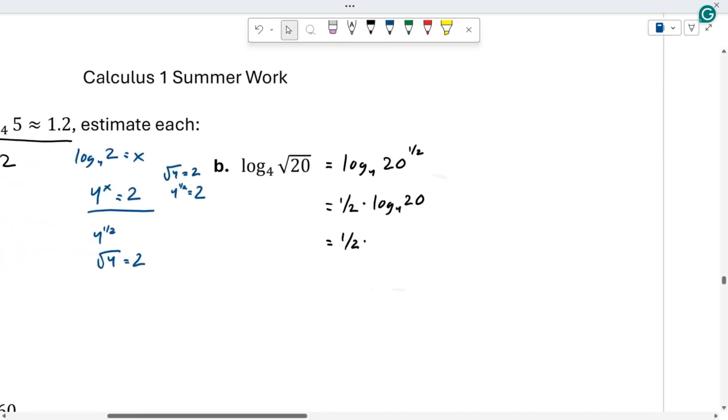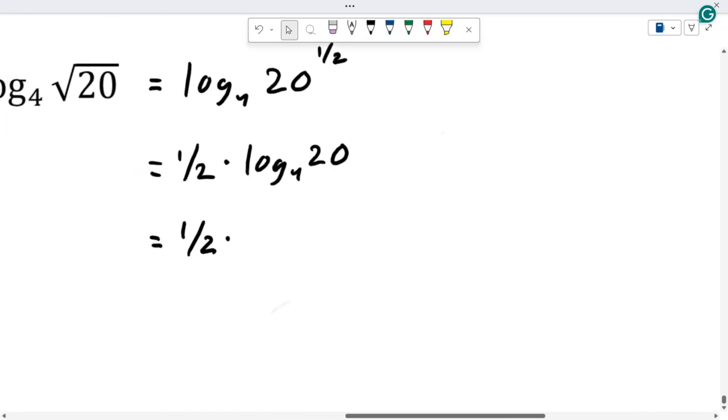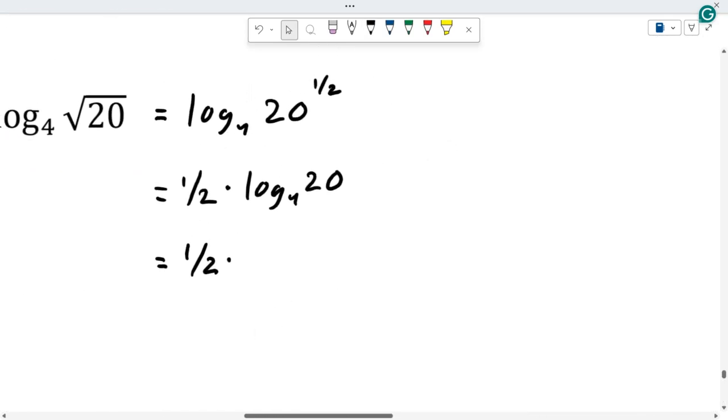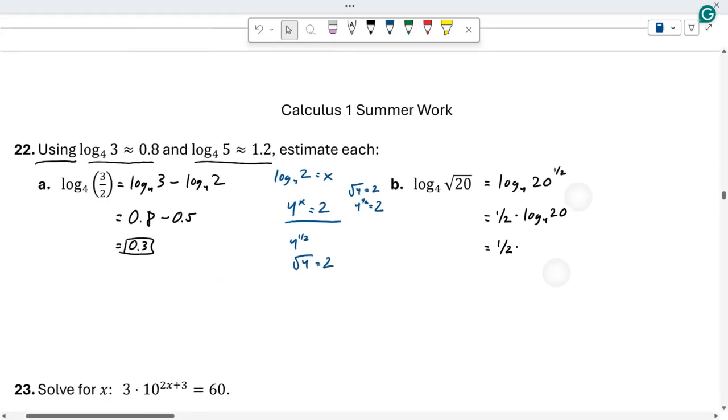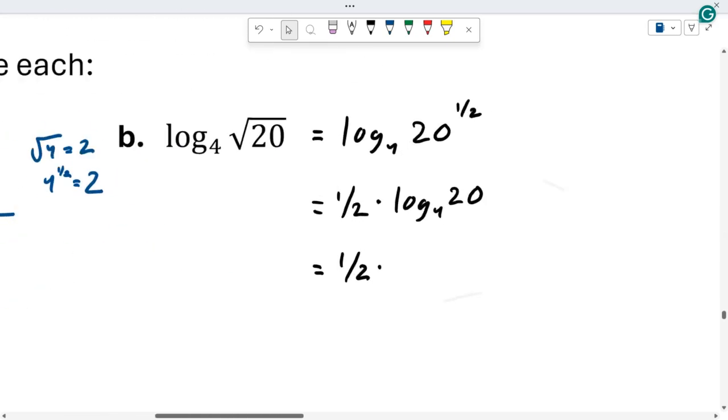and I certainly don't know what that is off the top of my head, right? It's what exponent do I raise 4 to get 20? Well, I know that 4 squared is 16, and 4 cubed is 64, so it's a little bit more than 2. But beyond that, I don't really know what it is. They told us the log of 3 base 4, and the log of 5 base 4.